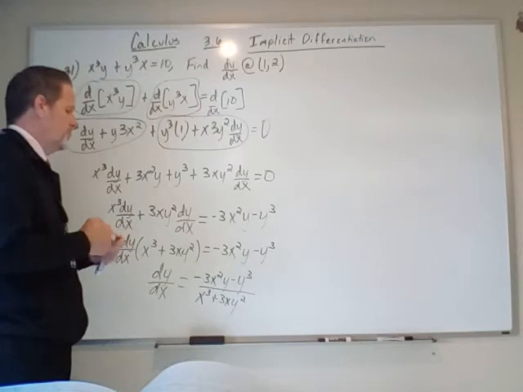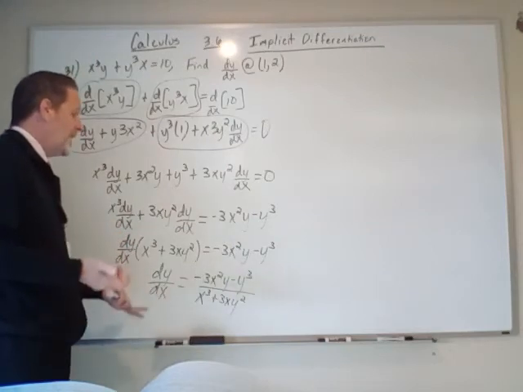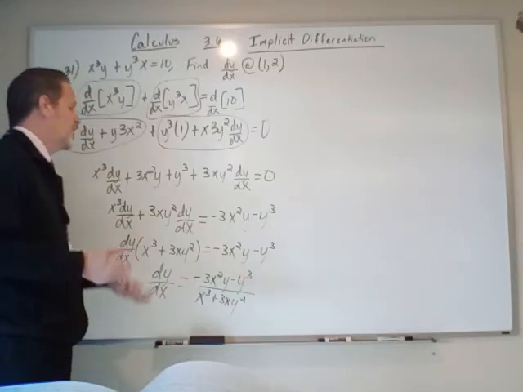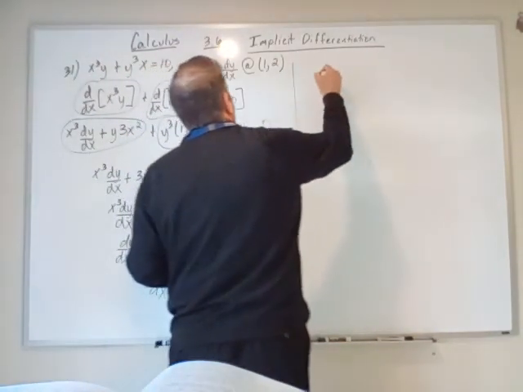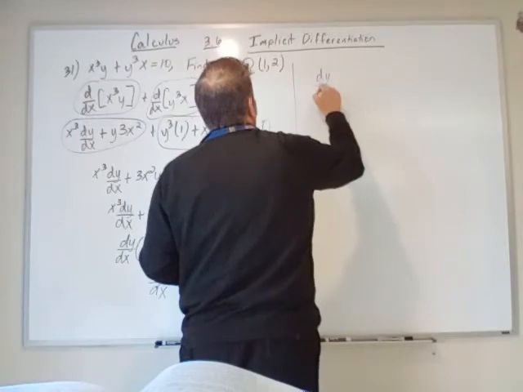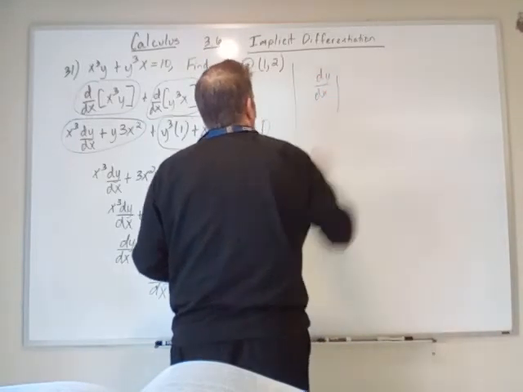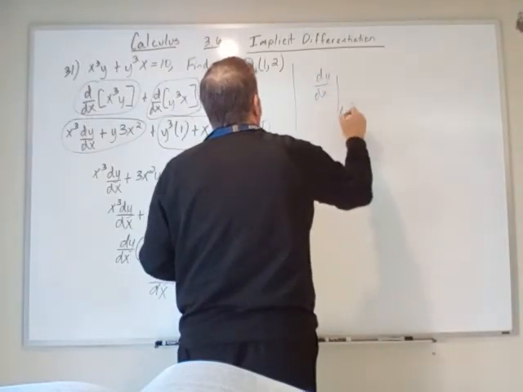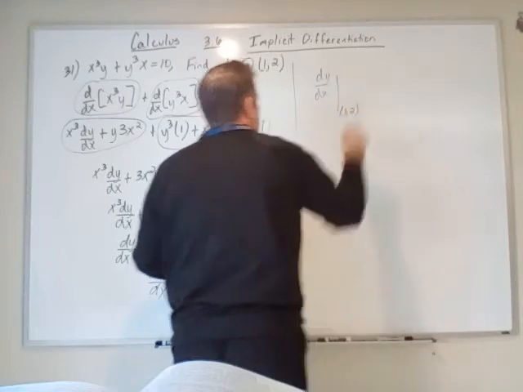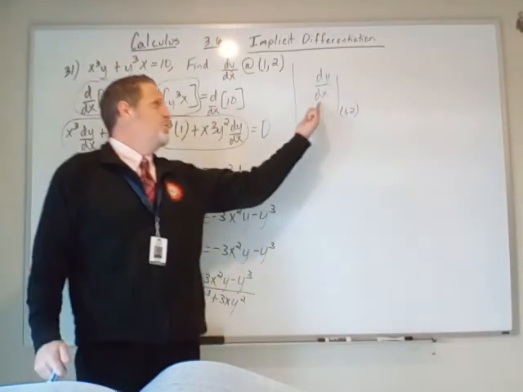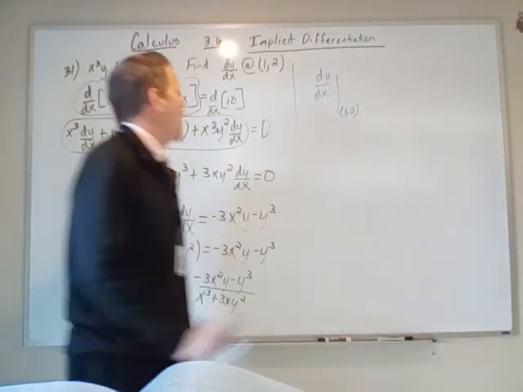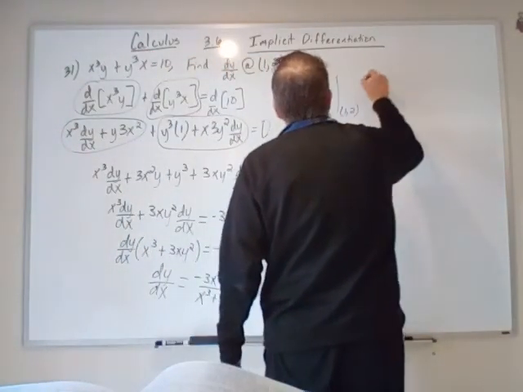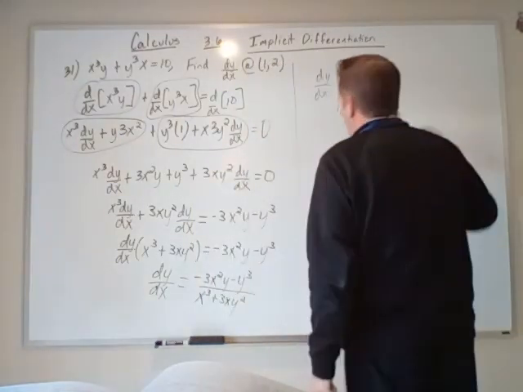Now this problem particularly said find dy/dx at (1, 2). So I'm going to draw a line here, and then I'm going to say dy/dx, do a vertical bar, and put the ordered pair down here. That's going to tell the reader I'm finding dy/dx at this ordered pair (1, 2), which means I'm going to plug in 1 for x, 2 for y into this expression.